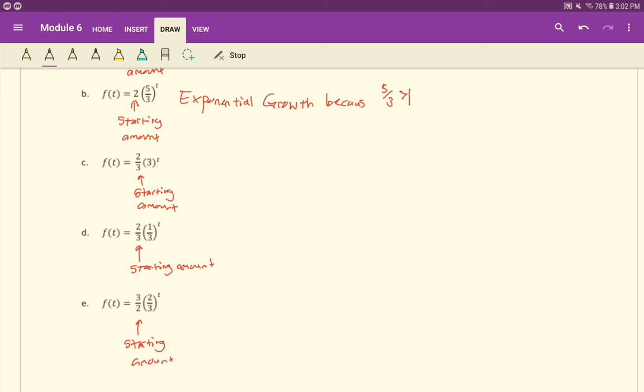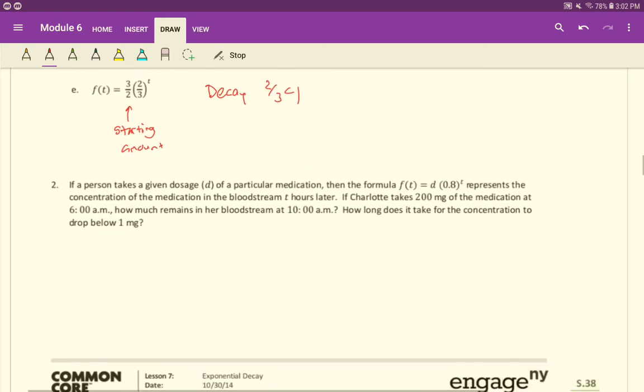For letter C, since we're multiplying repeatedly by 3, that's going to be exponential growth, because 3 is greater than 1. D will be decay, because 1/3 is less than 1, and E will also be decay because 2/3 is less than 1. All right, so that's how you can identify that.